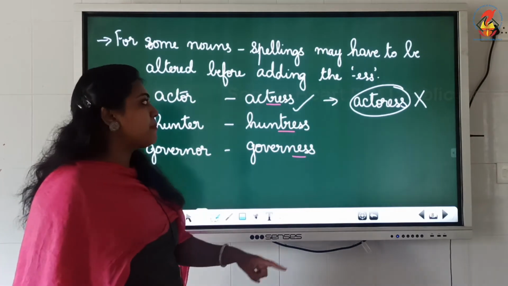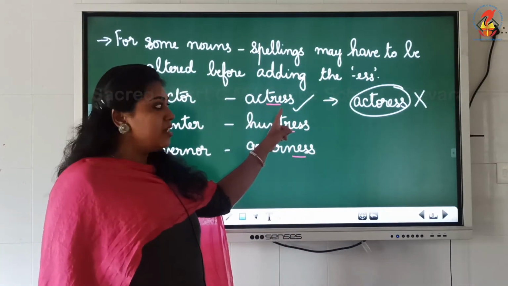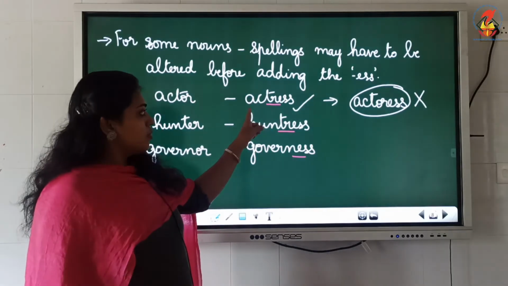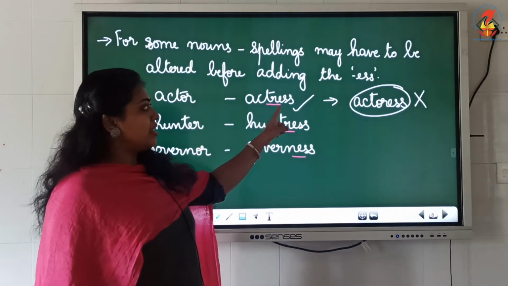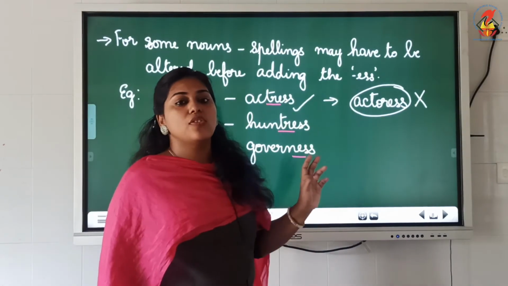But when you write the spelling, you have to keep in mind that there is a slight difference in the spelling. We cannot write it like this, ACTORESS. That is a wrong spelling. Instead, we alter the spelling and write it as ACTRESS. So the spelling is ACTRESS, not this one. So this you have to keep in mind.